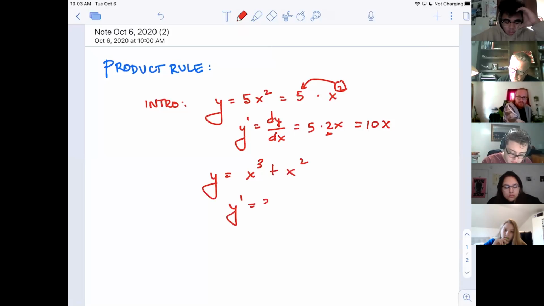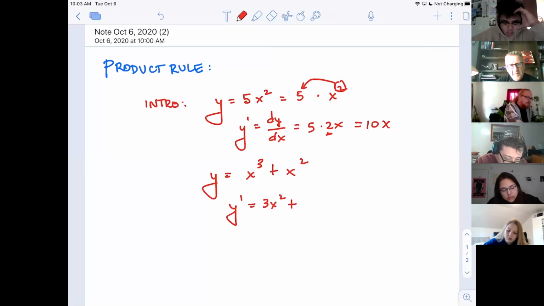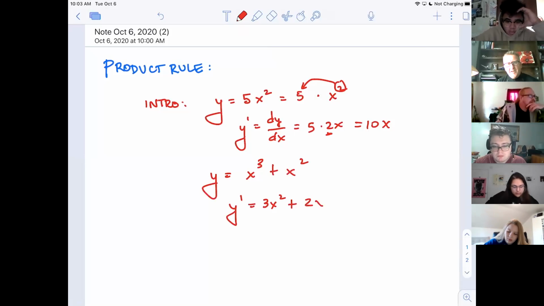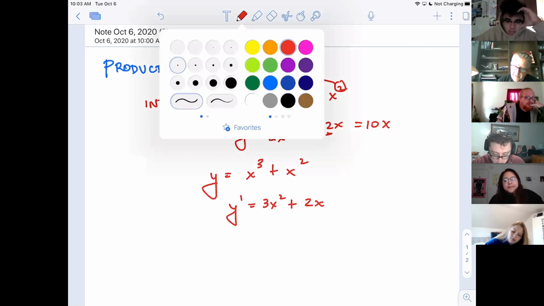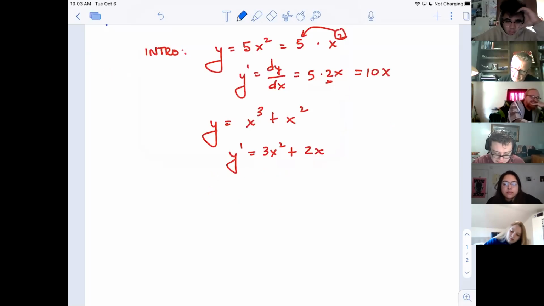And you say, oh, the power rule says that'd be 3x squared. And then you throw a plus sign. It's like, I haven't even looked at the x squared yet. I don't care that it's sitting there. And now I look at it and go, oh yeah, the derivative of x squared is 2x. And so I can do them separately. Does that make sense? So constants come along for the ride, and plus and minus signs are awesome because you can do them separately. But ultimately, today's discussion is kind of like this.